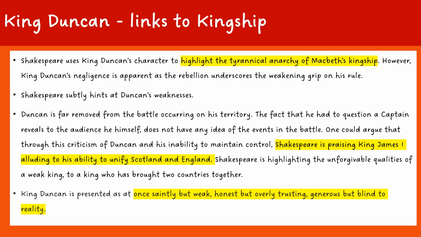So to explore the theme of kingship, it's really important that we start with King Duncan, the original king and the rightful king of the throne of Scotland. Now, Shakespeare uses King Duncan's character to highlight the tyrannical anarchy of Macbeth's kingship.